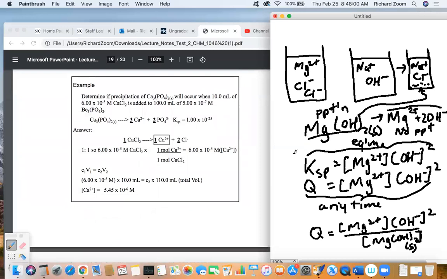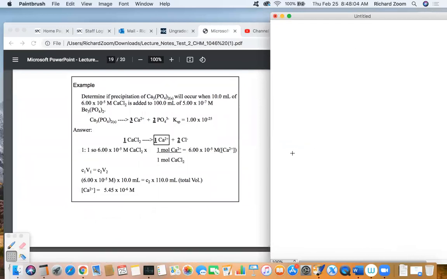So let's look at the kind of problem that you'll face on the test. It's going to be a combination problem, something like this. Determine if precipitation will occur of, in this case, the Ca3(PO4)2 solid when 10.0 mL of 6.00 times 10 to the negative 5 molar CaCl2 is added to 100.0 mL of 5.00 times 10 to the negative 7 molar Be3(PO4)2.